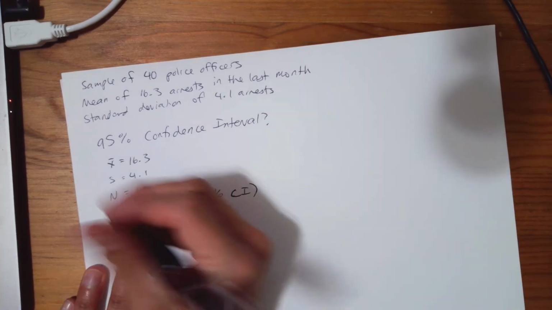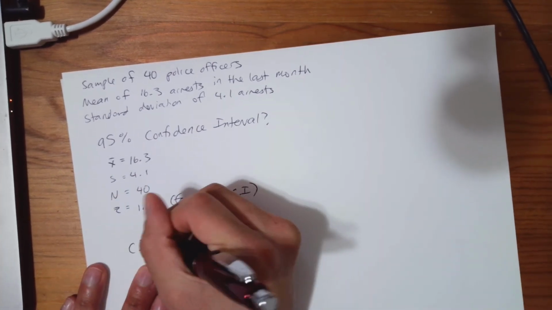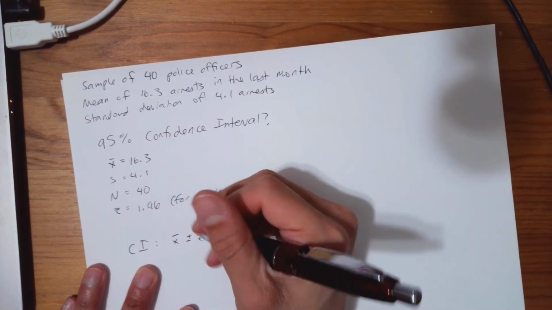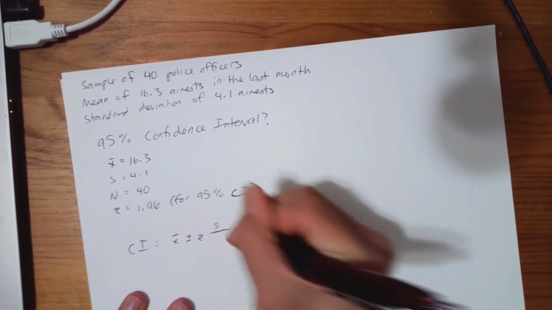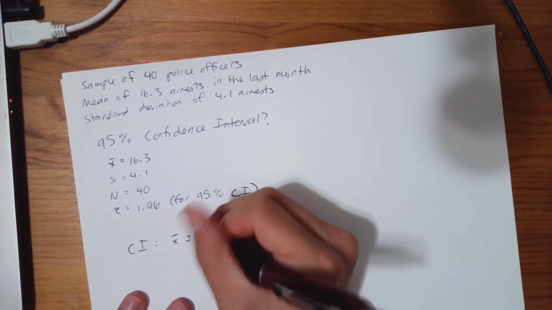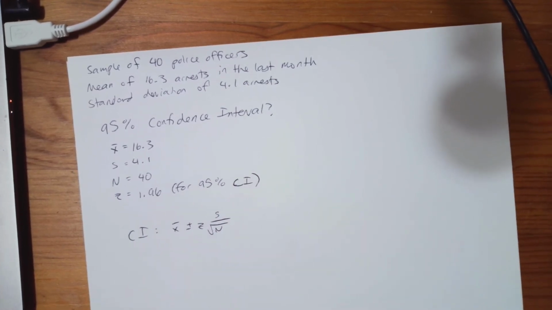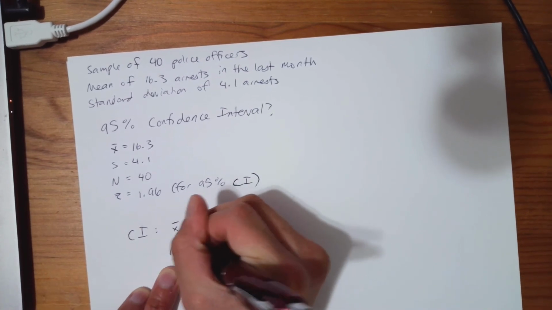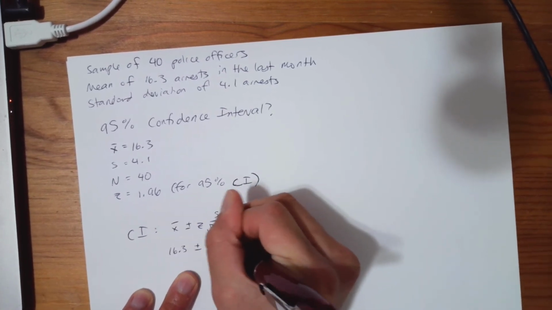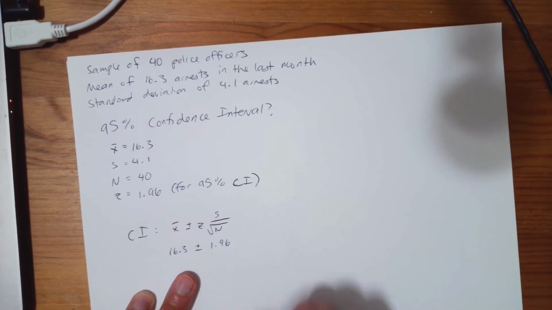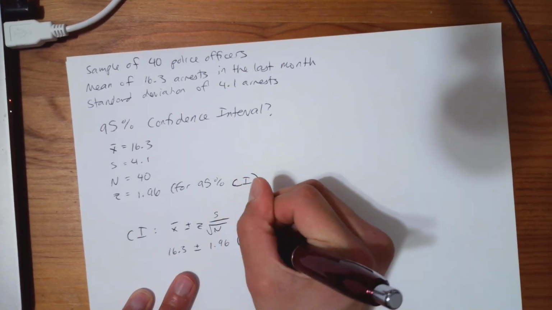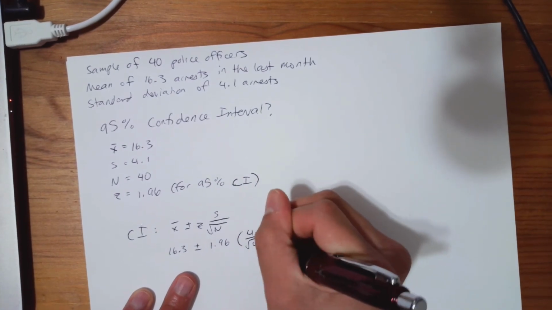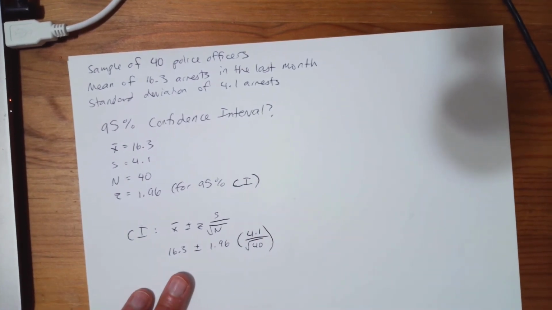Now we're going to plug stuff in. Our confidence interval is going to be given by x bar plus or minus your critical value of z times your sample standard deviation divided by the square root of your sample size. Plug in what we got. We have 16.3 for our sample mean, plus or minus 1.96 for your critical value of z, and we're multiplying that times 4.1, our sample standard deviation, divided by the square root of 40, which is our sample size.